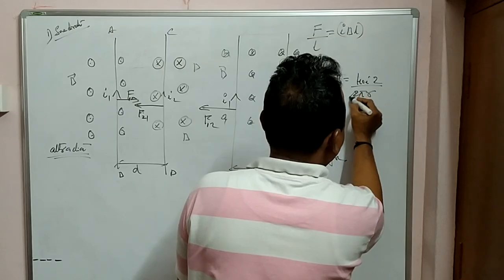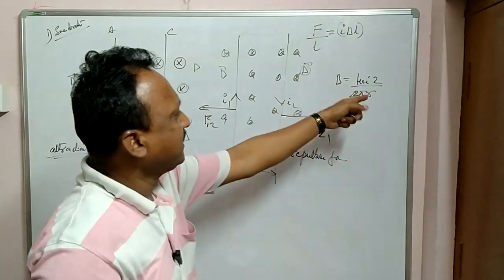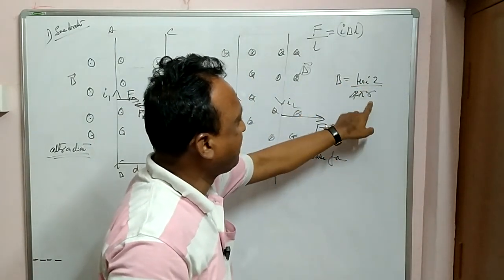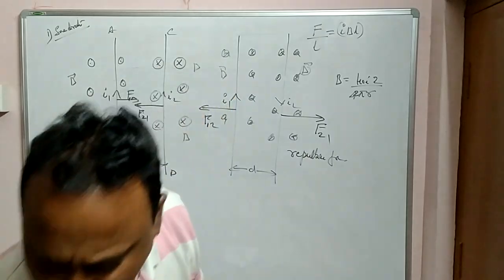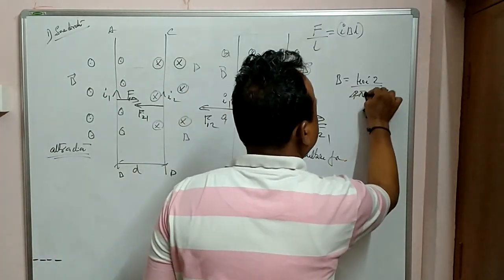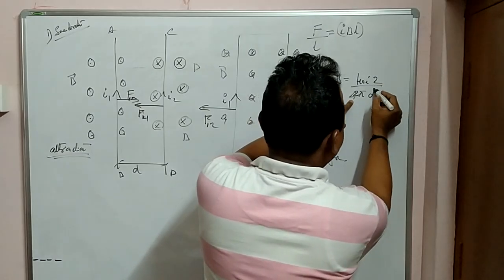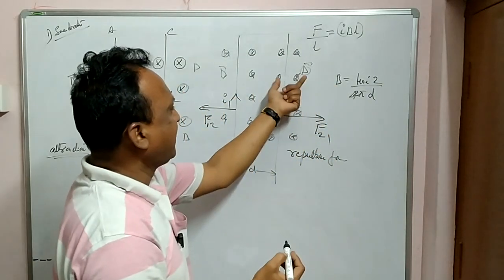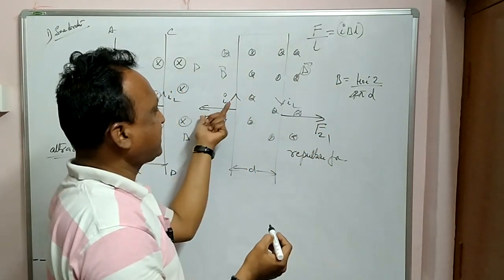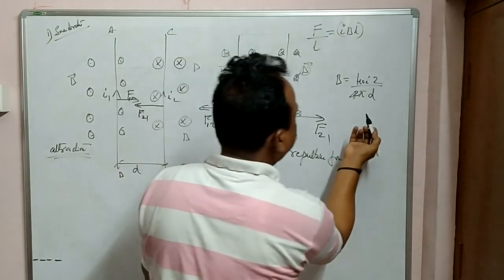If you multiply by 2, what happens? Mu naught I by 4 pi into 2I by D, or R, using Ampere's law. You can take this formula, mu naught by 4 pi into 2I by D. This is the magnetic field. And again, the force acting on this one due to this one is BIL sin theta.